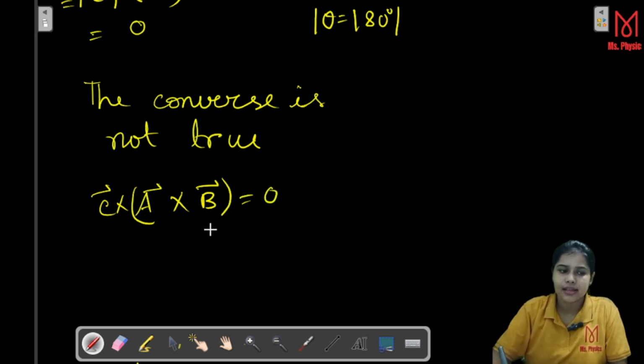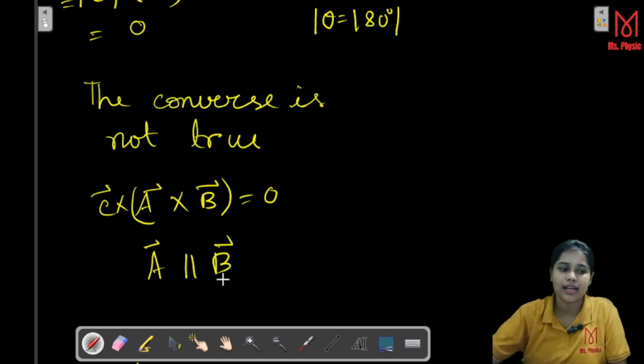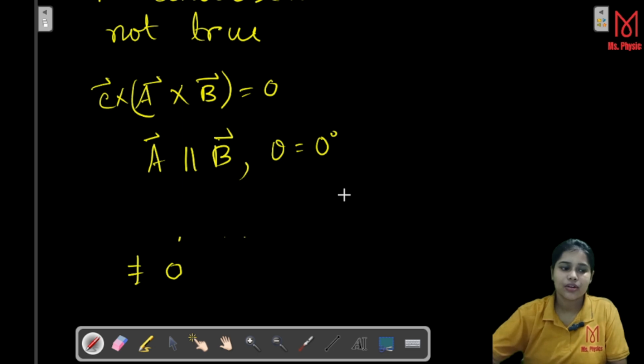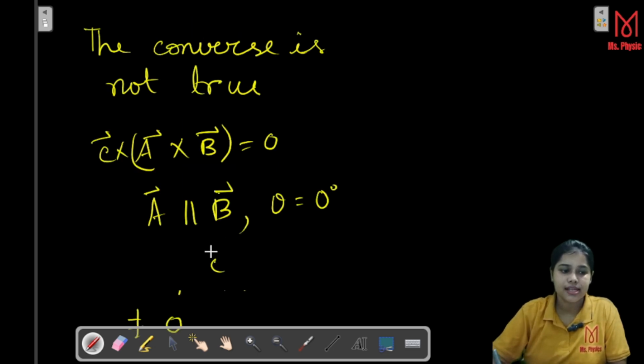Then to get it, it is not required that they have to be perpendicular to each other. If I say that A is parallel to B, in that case, if the A vector and B vector are parallel to each other, then what can I write? That theta between them is 0. Then easily C cross A cross B would be 0.